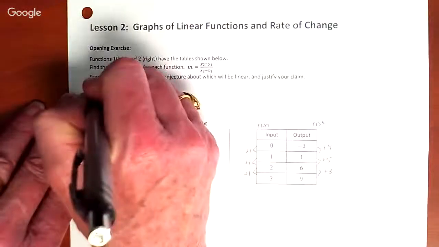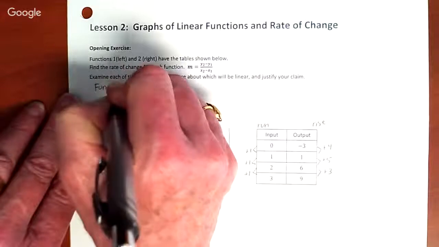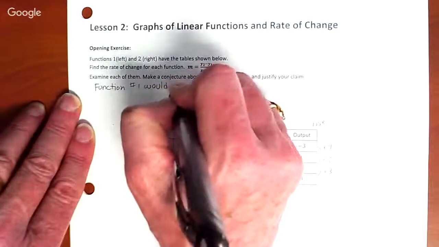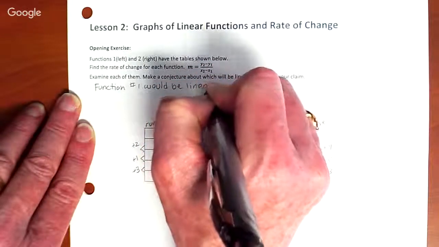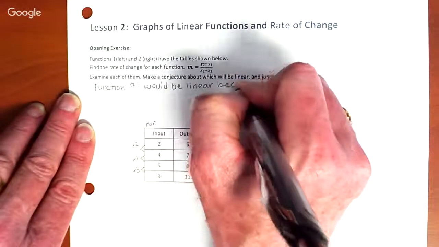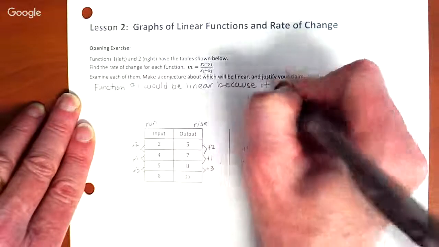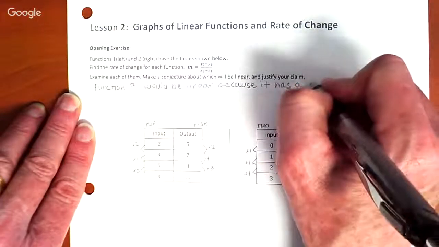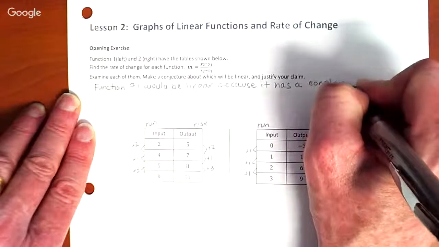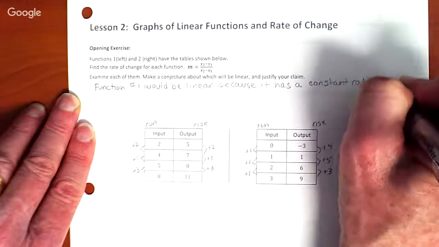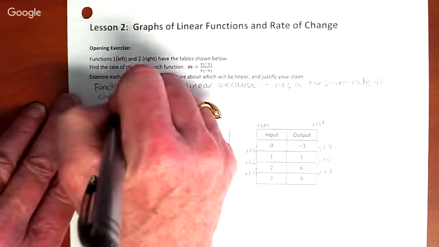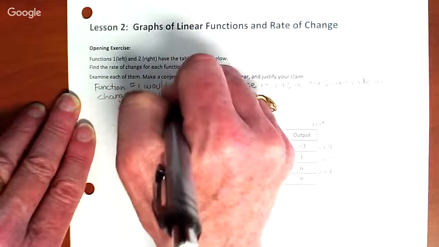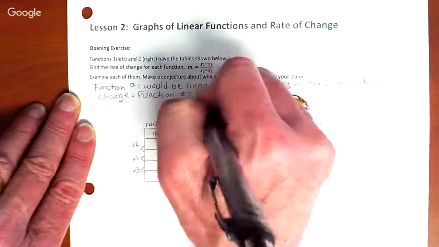So function 1 would be linear because it has a constant rate of change. Function 2 does not.